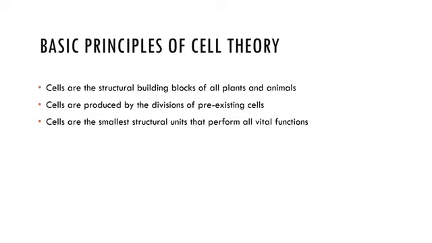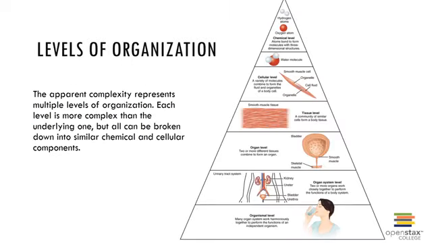Now, if we look at the different levels of organization, we can see that we have the molecular level and, for example, hydrogen and oxygen atoms. So atoms, they are the building blocks of matter. Now, they can combine to form molecules.